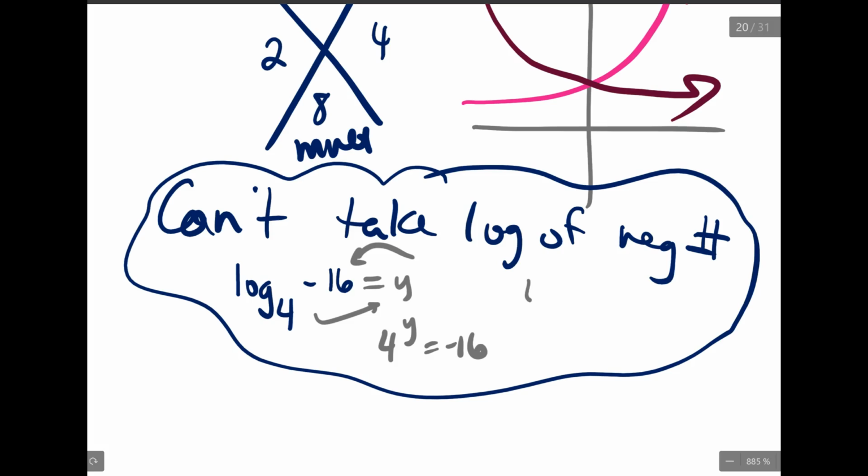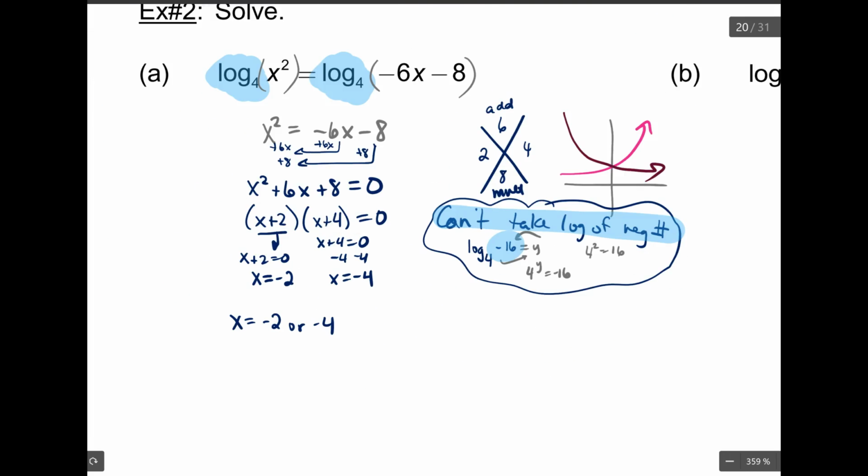Well, if I put 4 squared, that's positive 16, right? So that's my point. You cannot have a negative number that you're taking the log of, because there's no exponent that would give you a negative. So I proved it to you. Can't take the log of a negative number. So if I plug in these x values into the inside portion, I can't have a negative number in there.